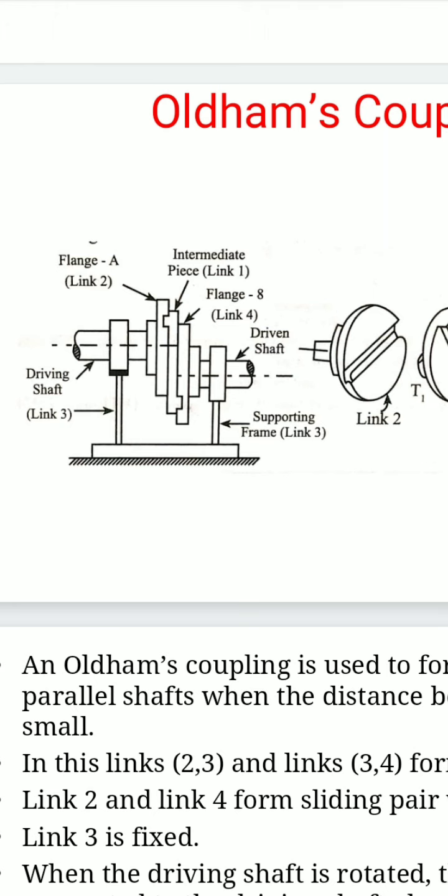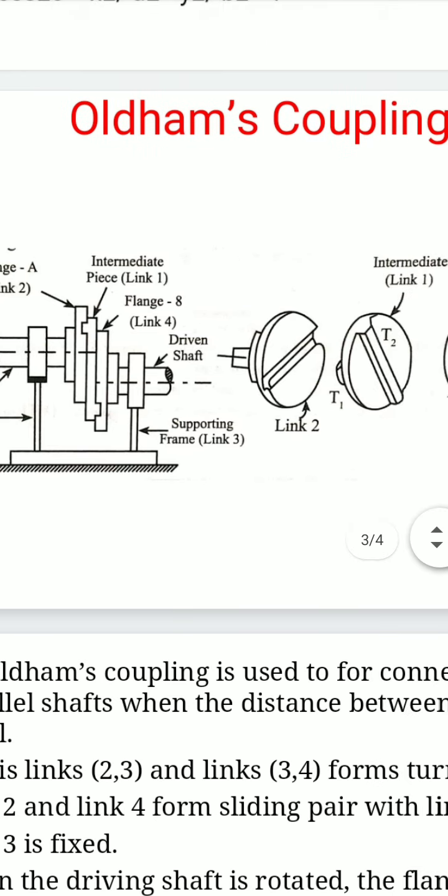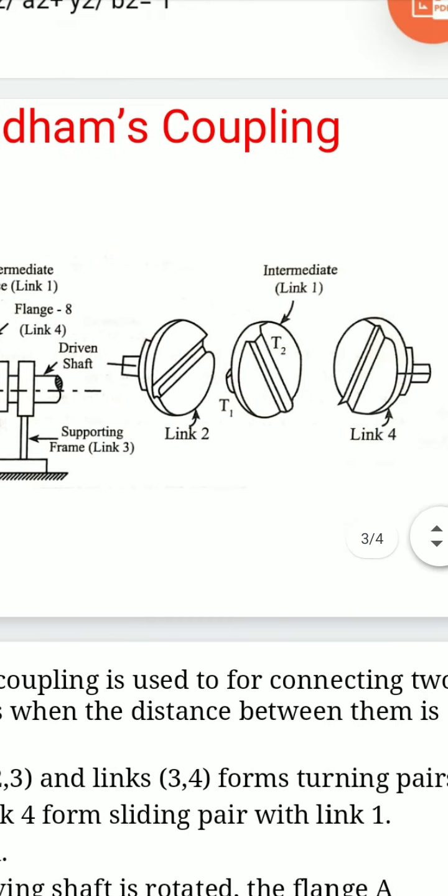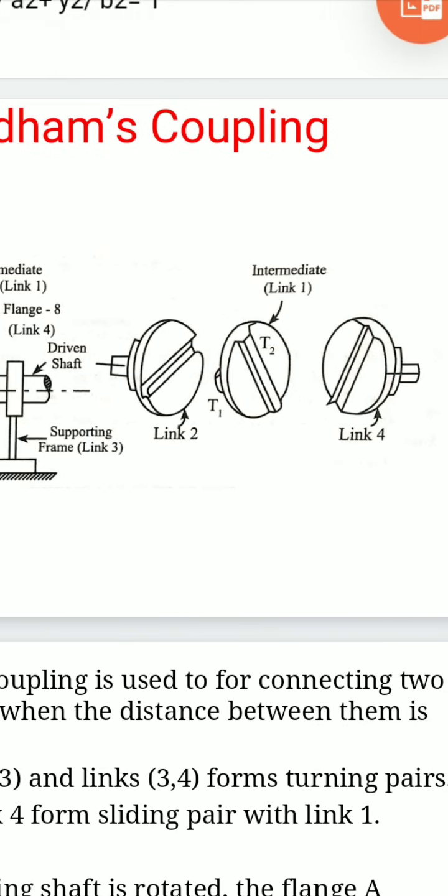3 is fixed. So you can see the arrangement here, there are two flanges. The first flange is link 2, the second flange is link 4. In between these two flanges, a diametrically cut intermediate link 1 is connected, in between these two slots.